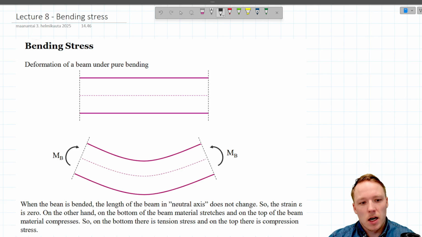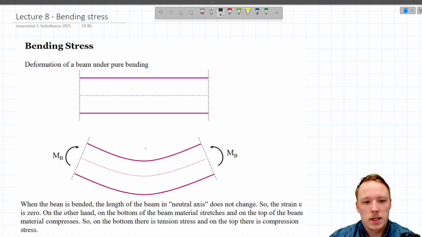In this example, we are loading the beam with pure bending, so we have only external torque applied to the beam. When we bend a beam, like shown in the picture, the bottom surface of the beam gets extended, so it gets longer, and the top surface gets compressed, so it gets shorter.